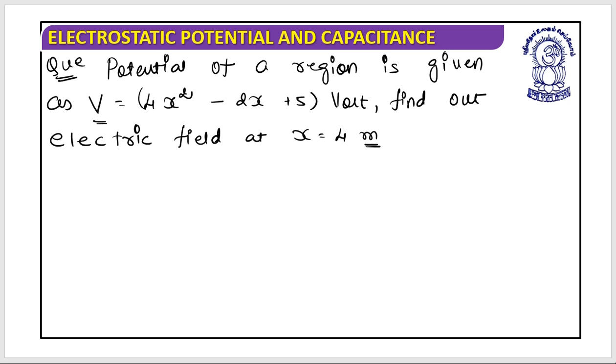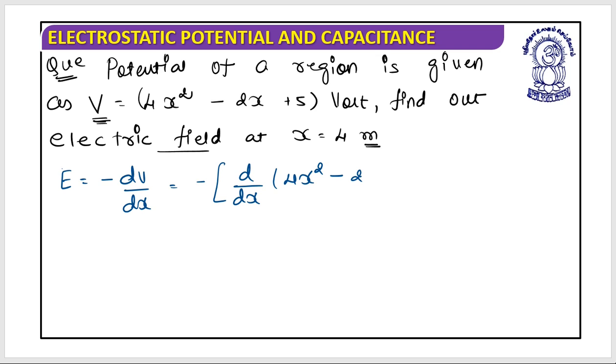So what you need to do is just differentiate this, because V is given and electric field is required. Voltage is given and electric field is required. So E = −dV/dx. This should be minus d/dx of 4x² − 2x + 5.